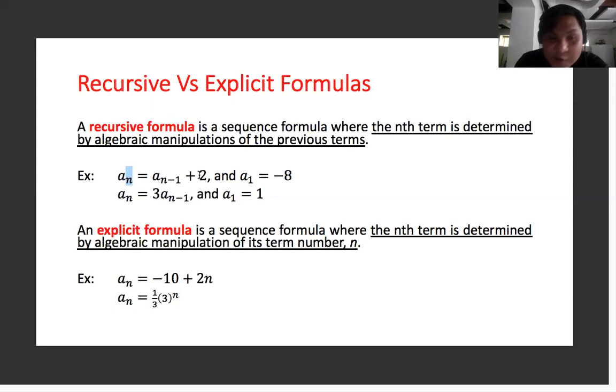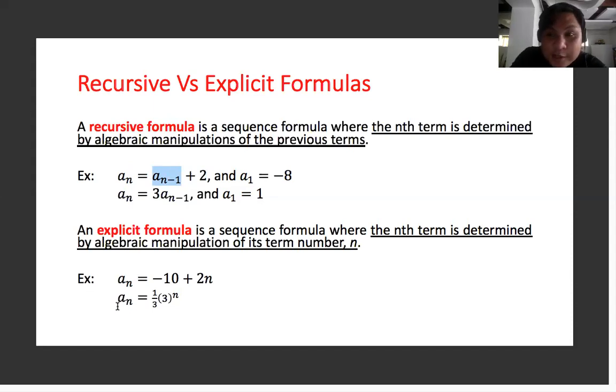What is a sub 4? a sub 4 is equal to a sub 3, because it has to be one term before the fourth term, so that's the third term, plus 2. Then you ask the same question, because you also don't know a sub 3. Eventually, you end up trying to figure out a sub 2 first, the second term, because the second term is just 2 higher than the first term. Once you've figured out the second term, you can begin figuring out the third term, then the fourth term, then the fifth term, and so on and so forth.